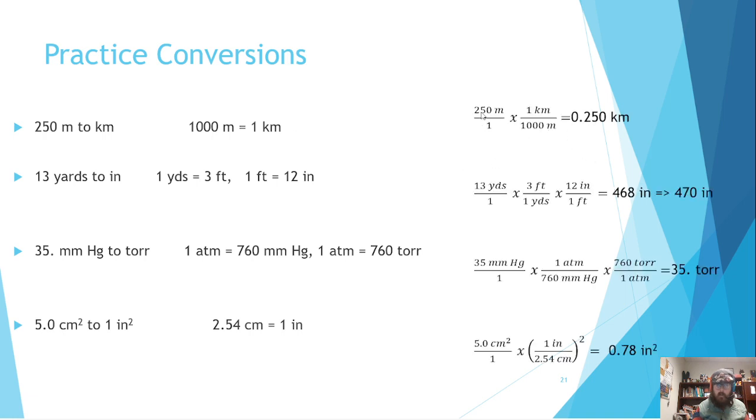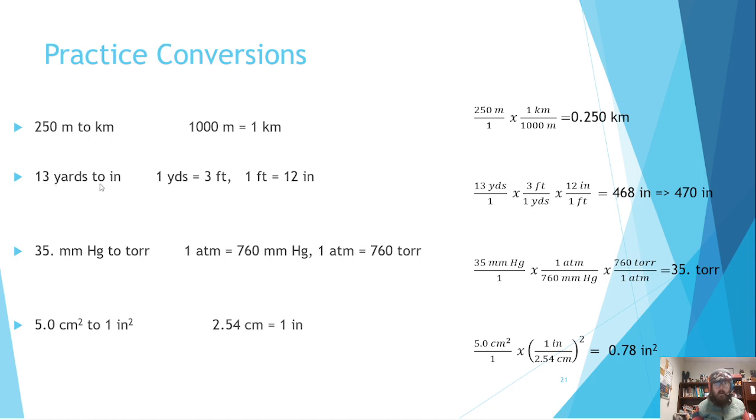I'm going to go ahead and show the answers so that we can see this. So with 250 meters, we have meters on the bottom. They cancel out, with 1,000 meters to 1 kilometer. Kilometer is kept through, so the answer is 0.250 kilometers.